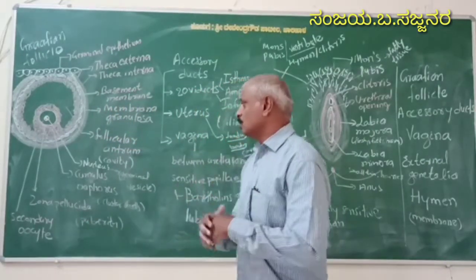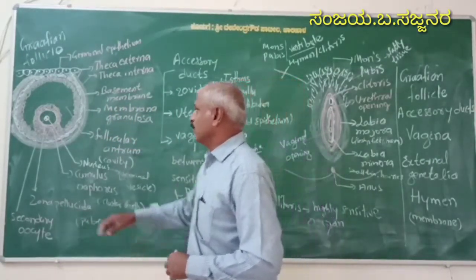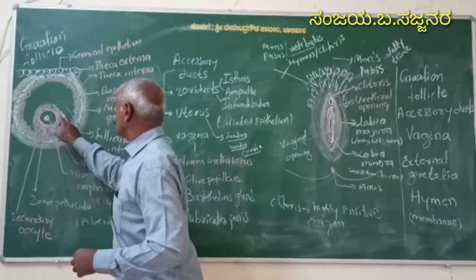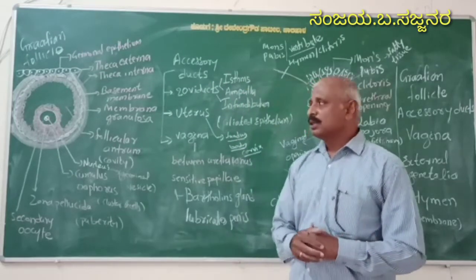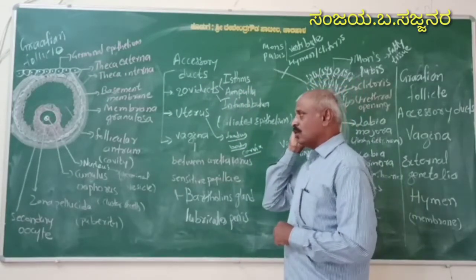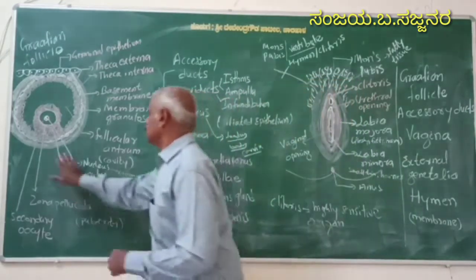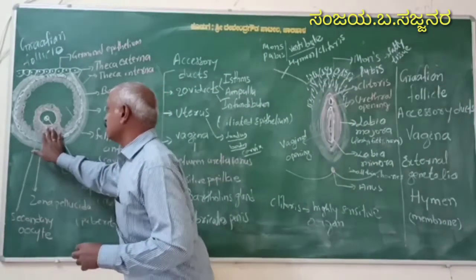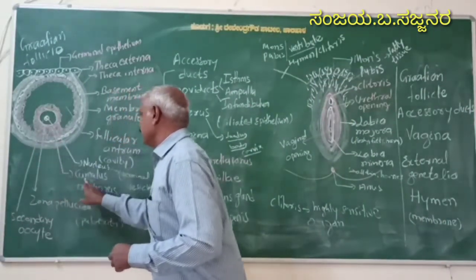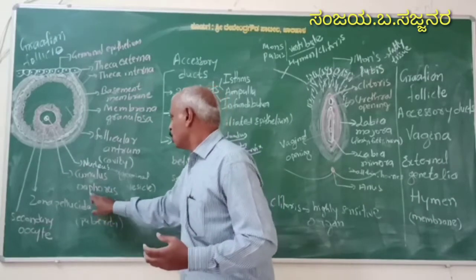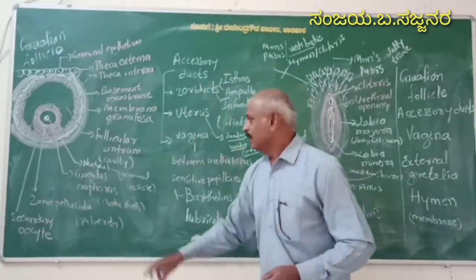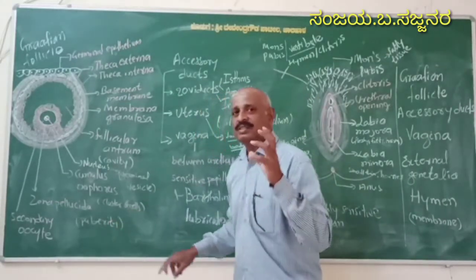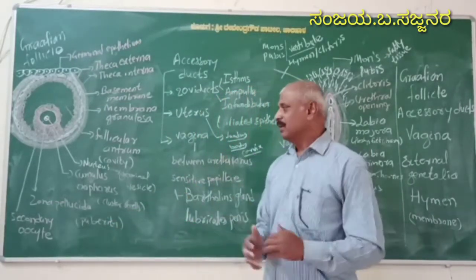And this zona pellucida is covered by cells, the membrana granulosa. Here you observe a mass of cells, which we call the cumulus oophorus, a cluster of cells.